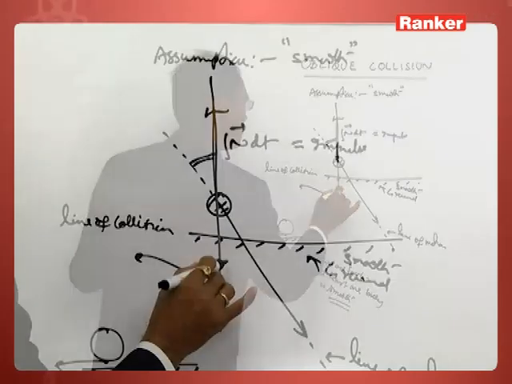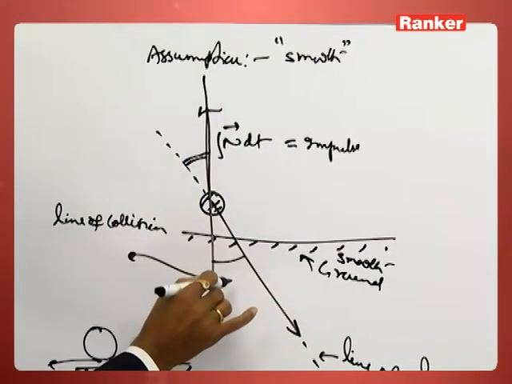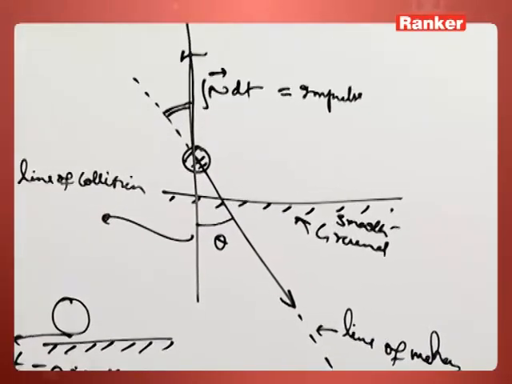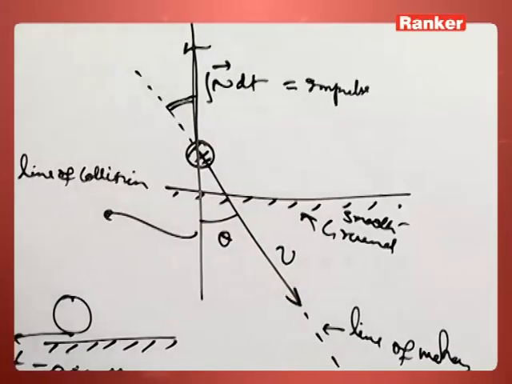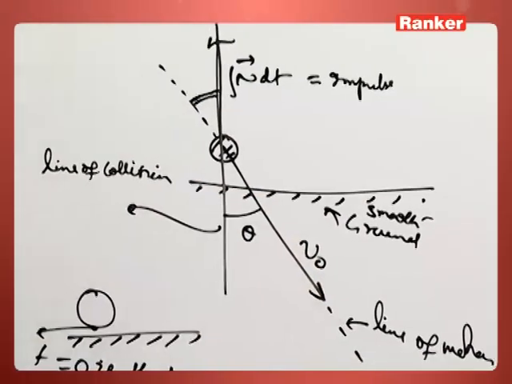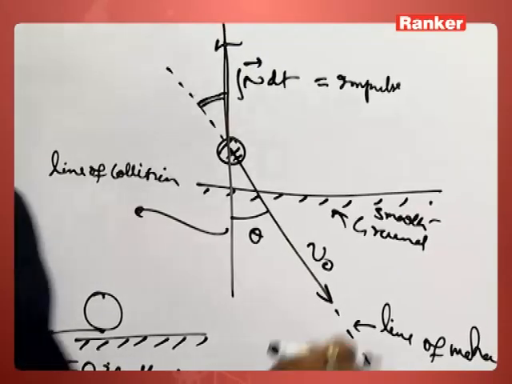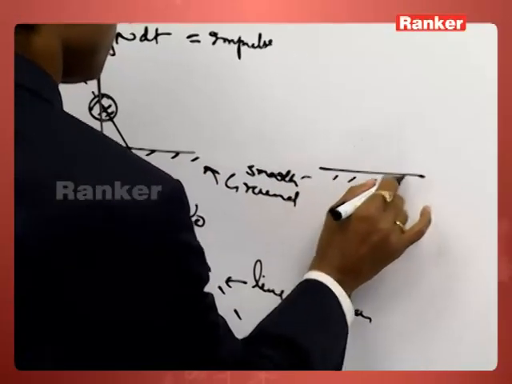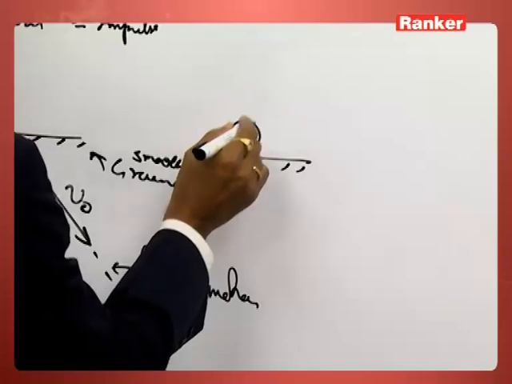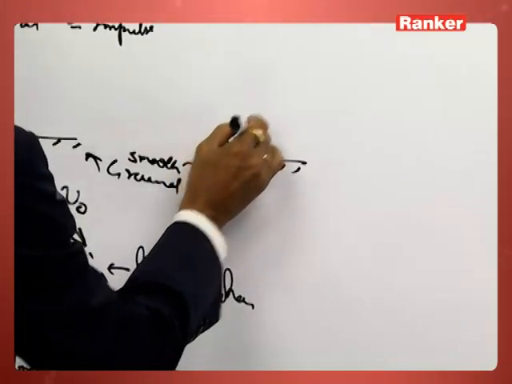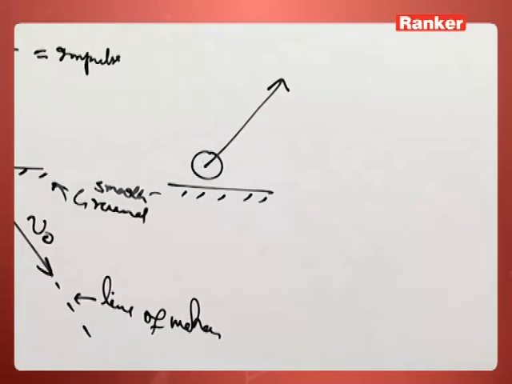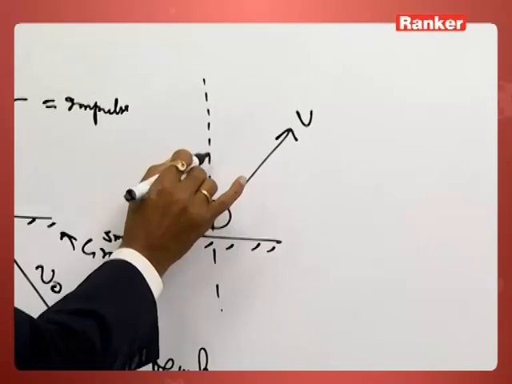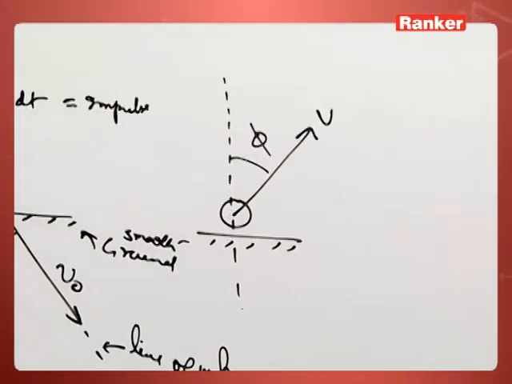For instance, the ball collides at an angle of theta with respect to the vertical with a velocity, suppose v0. And just after the collision, let the ball get away or bounce back with the velocity v at an angle phi with respect to the vertical.